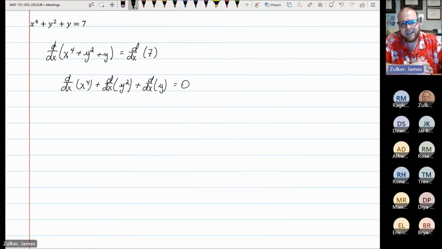On the left-hand side in this case, we have a sum rule, so we can just distribute the differential through.